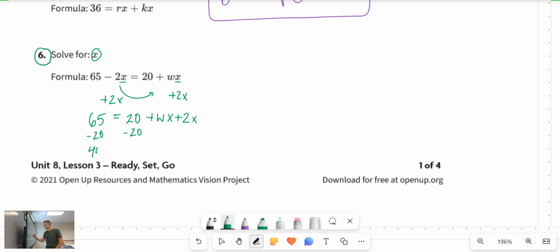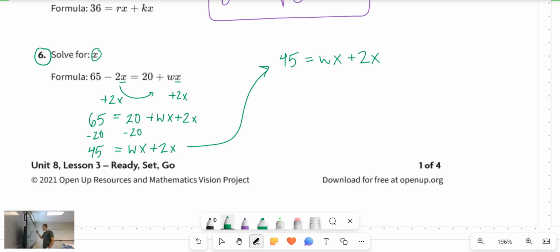And we're going to have 45 equals wx plus 2x. We're going to move this up here so we have a little bit more room. All right, and rewrite it just exactly as it was. 45 equals wx plus 2x.